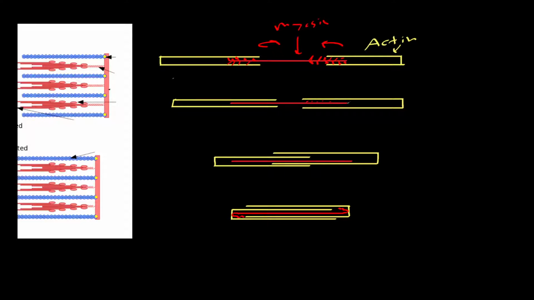And so if we keep that in mind as we look at these four different examples of the length of a sarcomere, what's going on up here in number one? Well, the sarcomere length is very long, and as a result, a lot of the myosin heads are not overlapping with any actin, and so they cannot produce very much force.